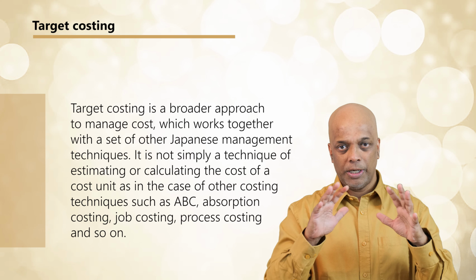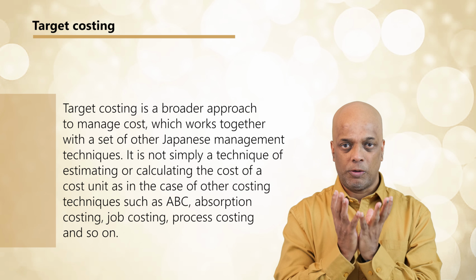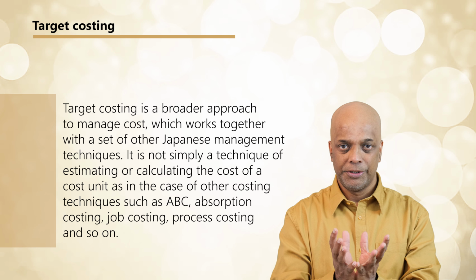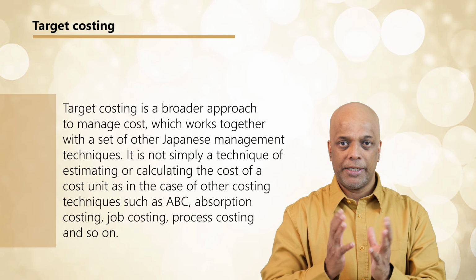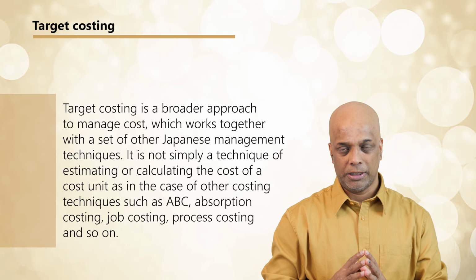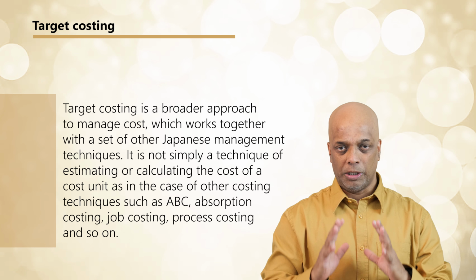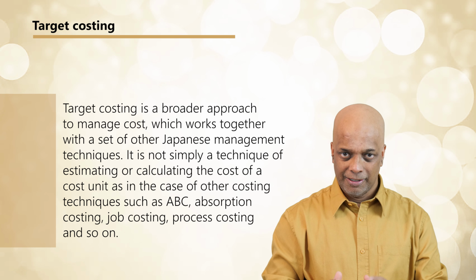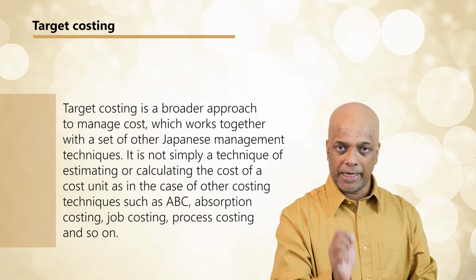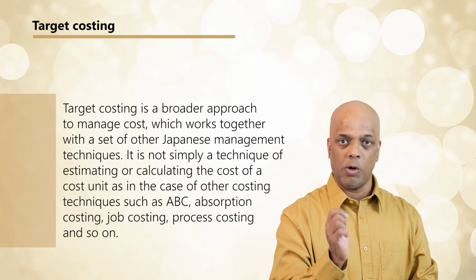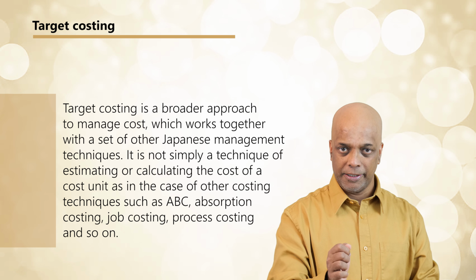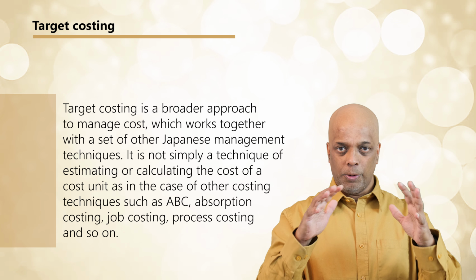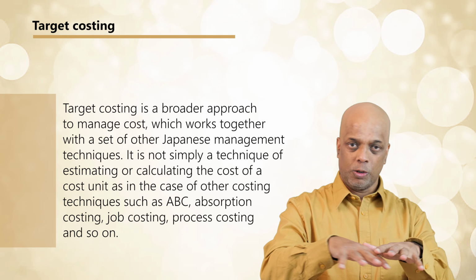So that is the broad understanding that we have to first have in order to appreciate target costing. To repeat and to emphasize, target costing is not a specific technique or method of calculating or estimating cost. Instead, target costing is a broad approach to manage your cost.